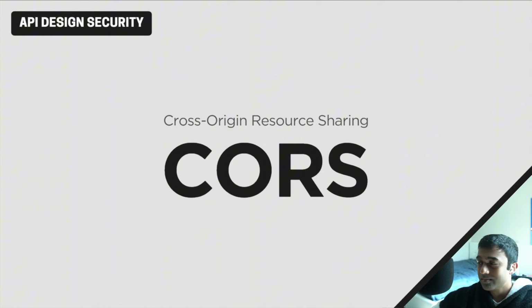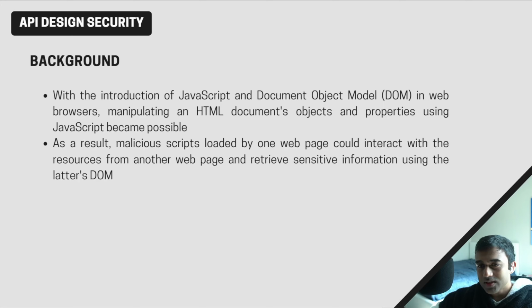Let's get into it. So let's do a quick background on CORS. With the introduction of JavaScript and the document object model in web browsers, manipulating an HTML document's objects and properties using JavaScript became possible. As a result, malicious scripts loaded by one web page could interact with the resources of another web page and retrieve sensitive information using the latter's DOM.